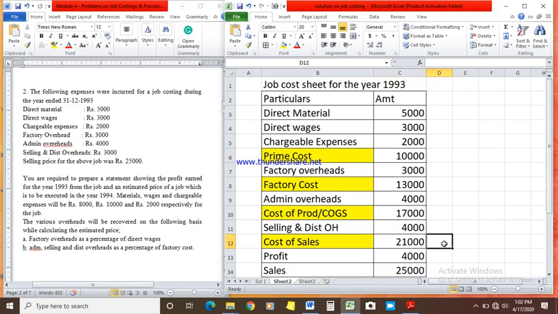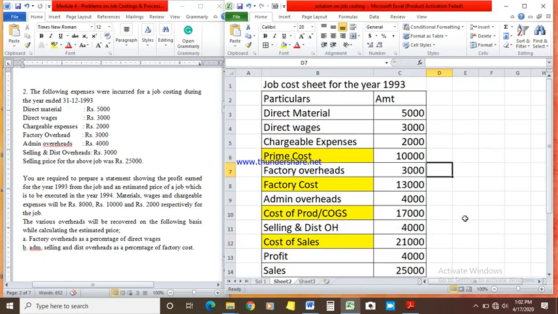So these are the details given to us regarding 1993, and now we are going to find out how the factory overhead is going to be recovered in the year 1994. The factory overhead is going to be recovered as a percentage of direct wages.